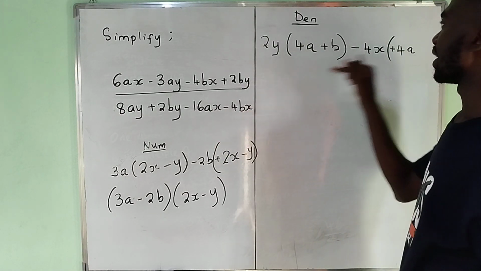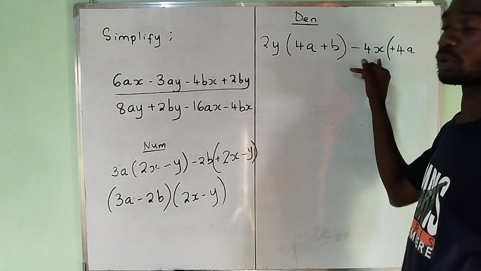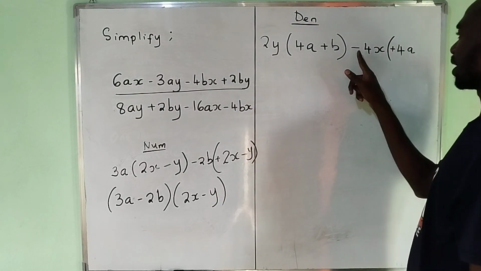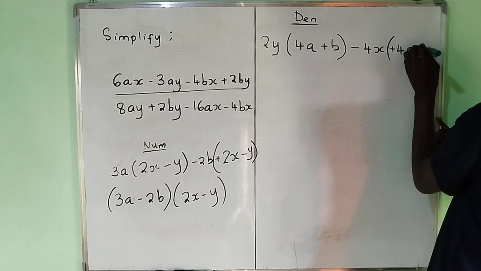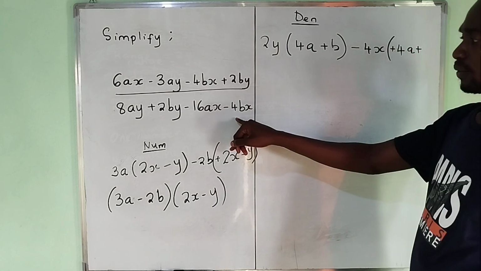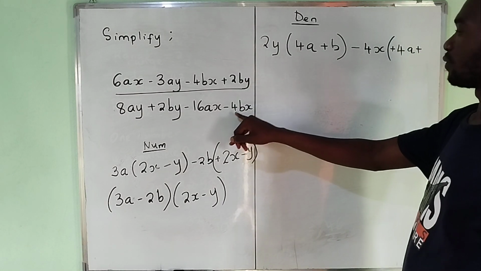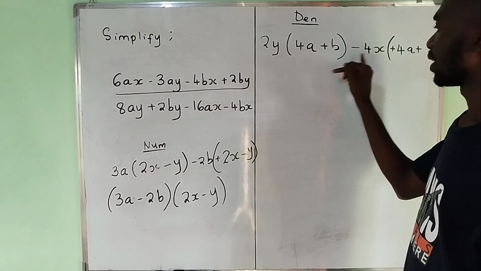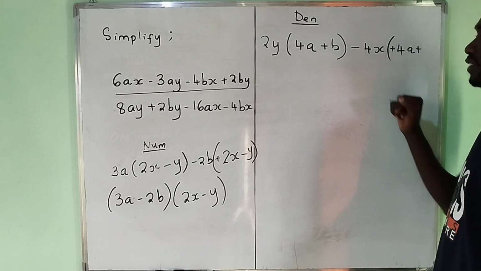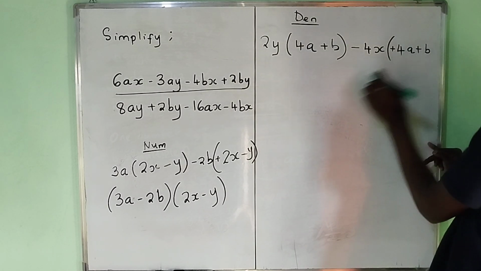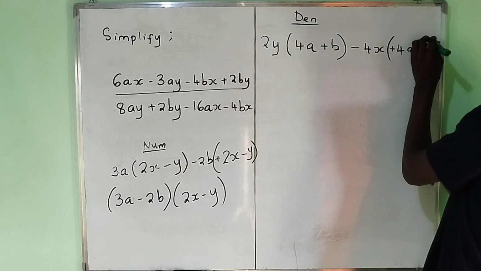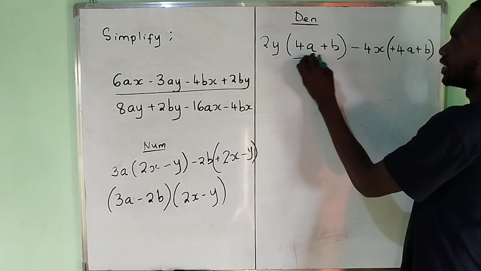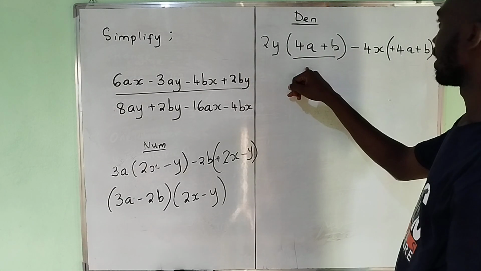Then x divided by x, the x's are going to simplify. Negative divided by a negative is a positive number. Then 4 divided by a 4, they cancel one another. Then b is not in the divisor, so we're going to have b. X will simplify x. So in the denominator, whatever is inside the bracket is 4a plus b, and another 4a plus b.